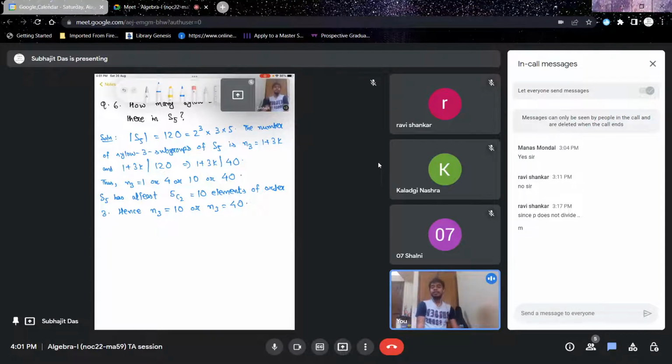Now let's try to understand something. Let us try to find out what are those elements in S5 which have order exactly 3. You know, first of all, that 3 cycles have order 3, right? But it can be possible that some other kind of element has order 3, which is maybe a product of 2 cycles and all that.